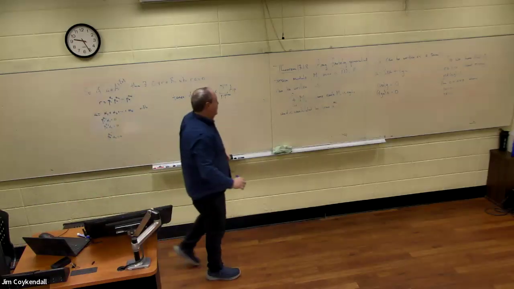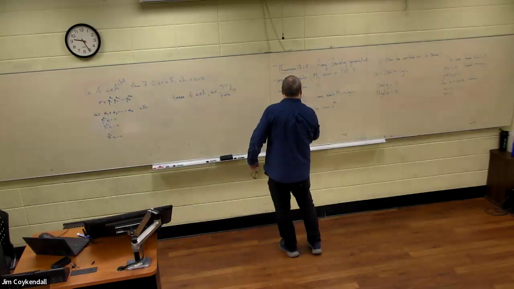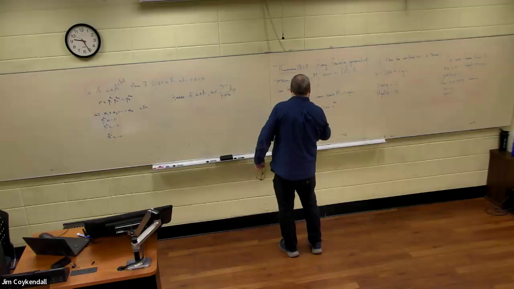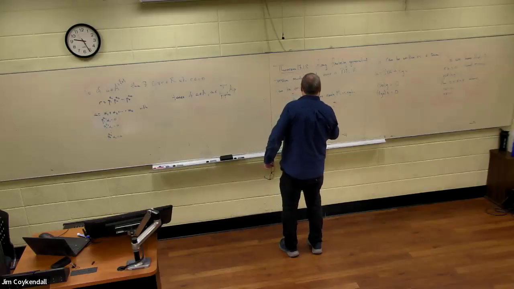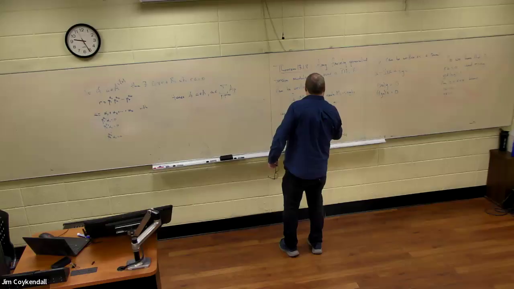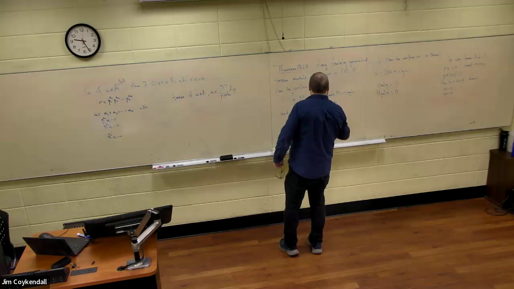So that is to say, M_i is isomorphic to R mod P_i^(m_i).